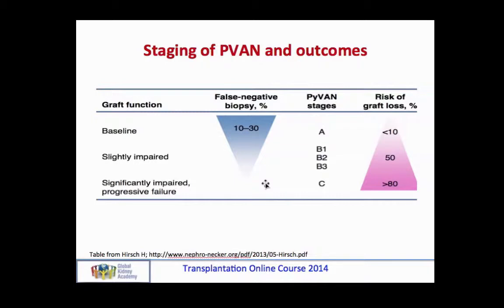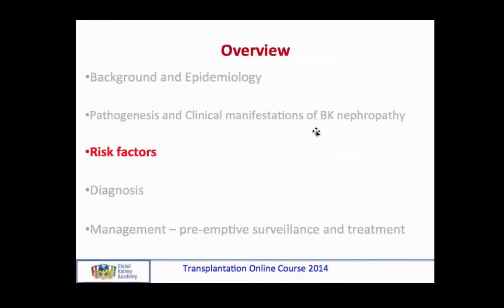So, unsurprisingly, as the severity of polyomavirus nephropathy increases, the risk of graft loss increases to perhaps higher than 80% in stage C, whereas stage B, intermediate, and stage A have a very good prognosis. And what are the risk factors for BK nephropathy?